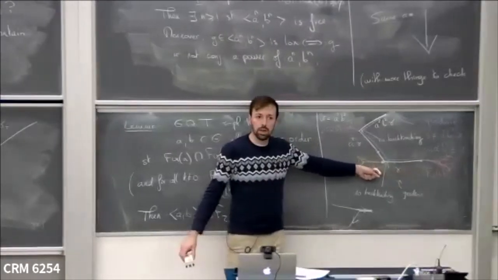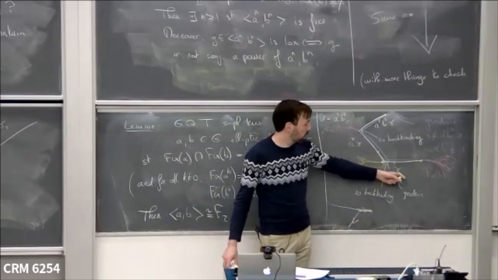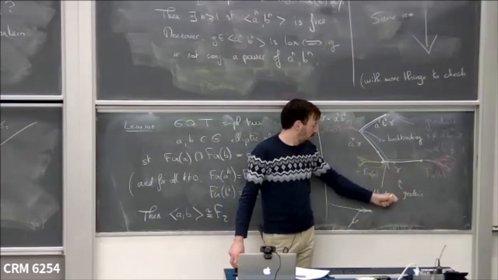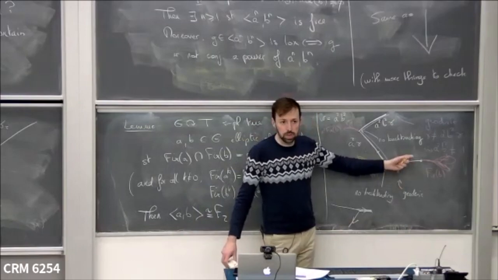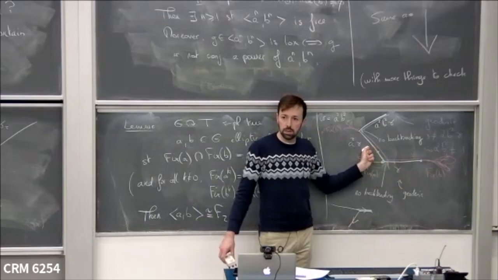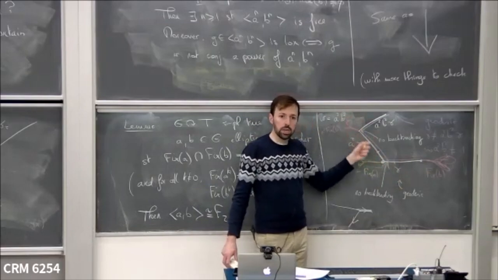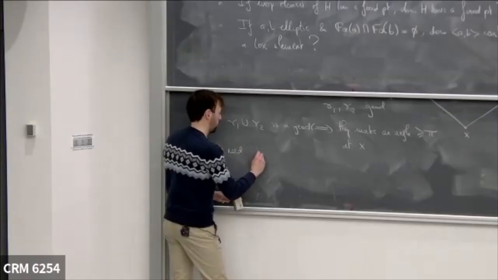So this strategy will work if we can show that for some, possibly large, power n of A, gamma and A to the n gamma, and all its powers, make an angle at least pi.